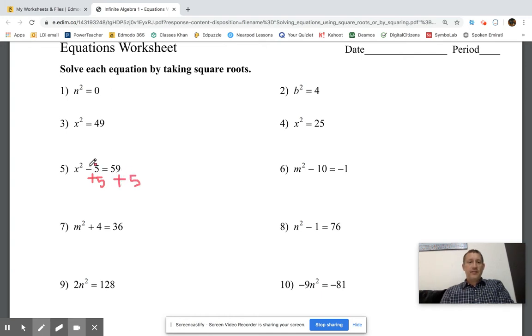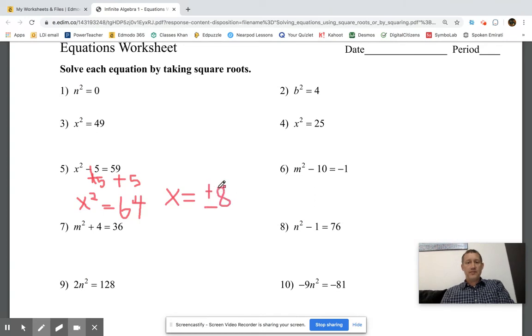All right, 5 minus 5, boom, it's gone. X squared on the left side and 64 on the right side. Hey, good news, 64 is a perfect square. So what is the square root of 64? It's 8. So we're going to do plus and minus the square root. So x equals plus and minus 8.